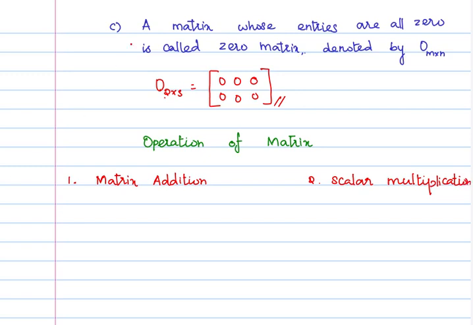So what is matrix addition? Let A and B be two matrices with the same size. Here this is the important point, both must be the same size.